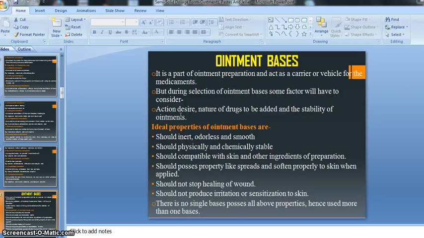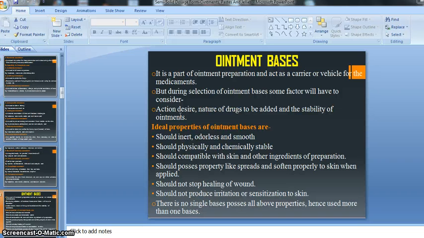In our ointment we need one kind of vehicle or carrier, and that vehicle, the ointment base, acts as a carrier, because whatever medicament or solid medicaments we use will be incorporated, distributed, emulsified or suspended into the ointment base. So ointment bases are very important. Without an ointment base we can't prepare the ointment preparation.